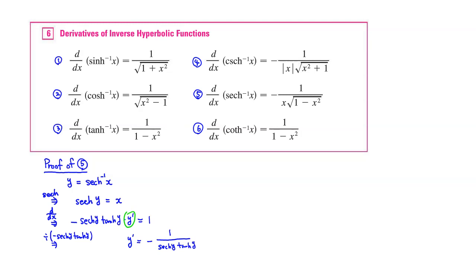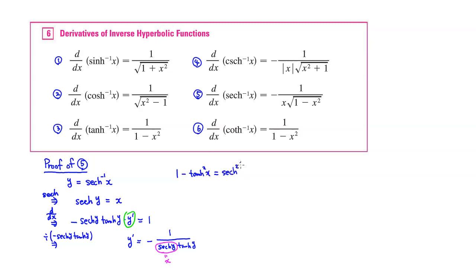We already know that hyperbolic secant of y is x, so this is actually just x. Using the hyperbolic identity, you have 1 minus hyperbolic tangent squared is equal to hyperbolic secant squared.